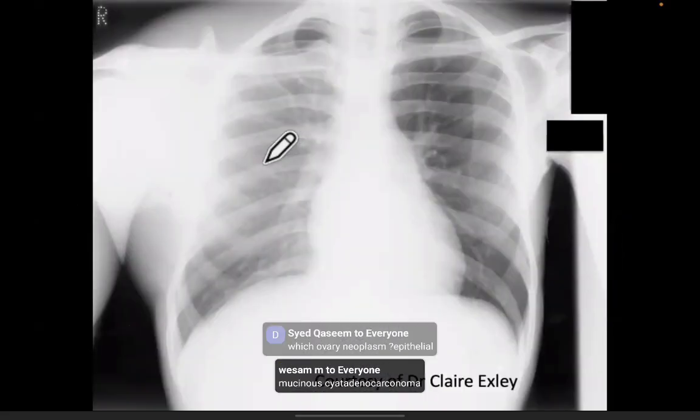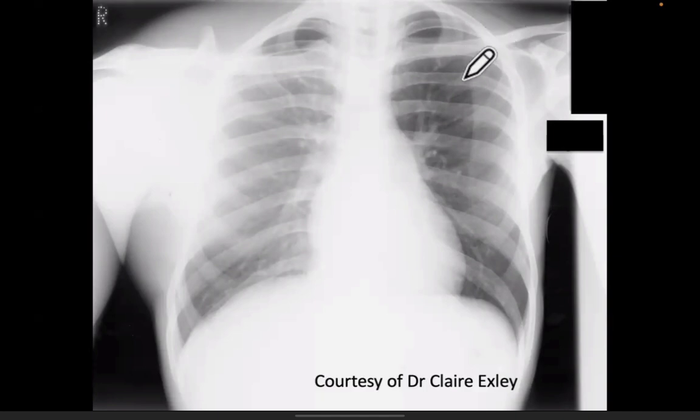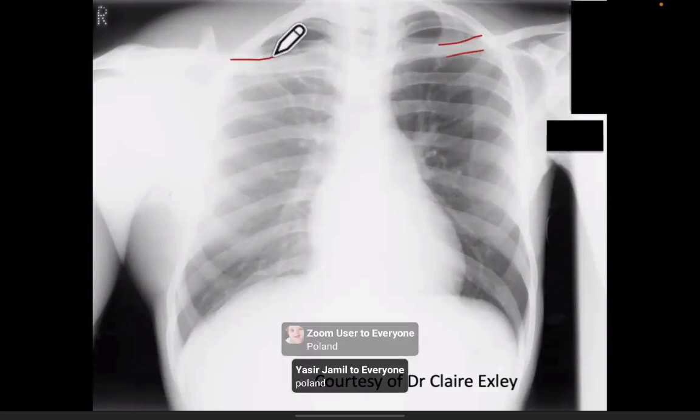So this patient's got hypertransradiency, and if you look at the number of vessels, they are equal on both sides. Therefore, it must be a chest wall problem, and the clavicle is that wide on the left and that wide on the right.